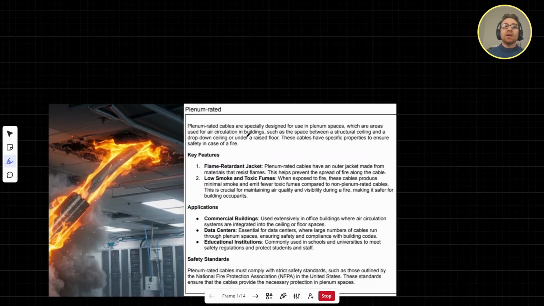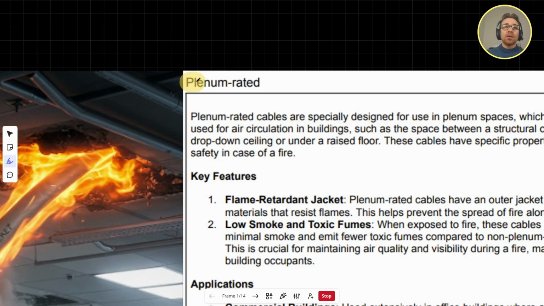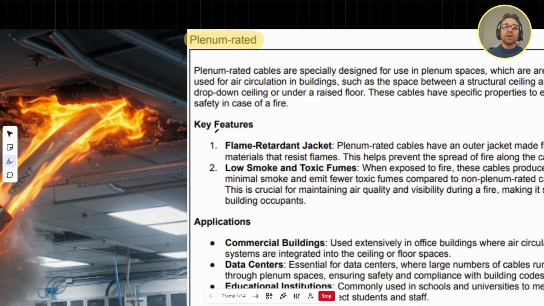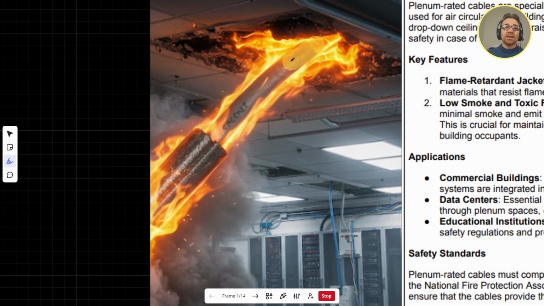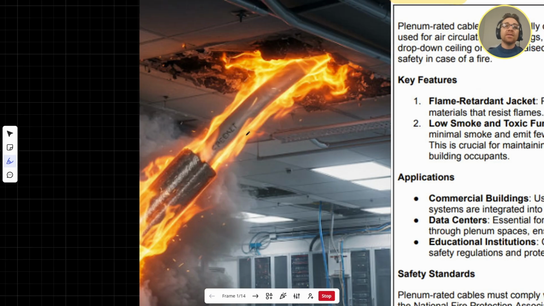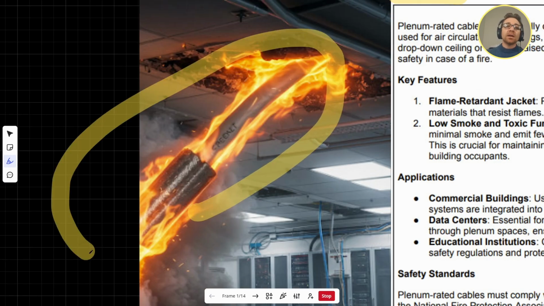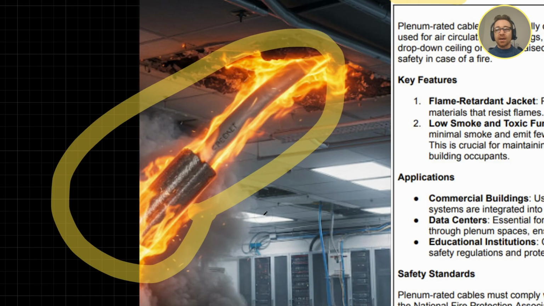All right. Another type of cable you need to know is Plenum rated. This is basically a type of cable. This is an AI generated image, by the way. You can probably tell cables aren't that big, but basically in the event of a fire, a Plenum rated cable is a type of cable where if it catches on fire, it is not going to emit any harmful, toxic smoke or anything that you can breathe in, right?